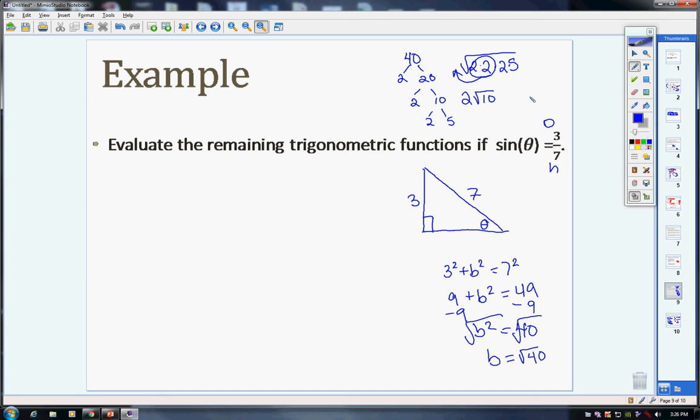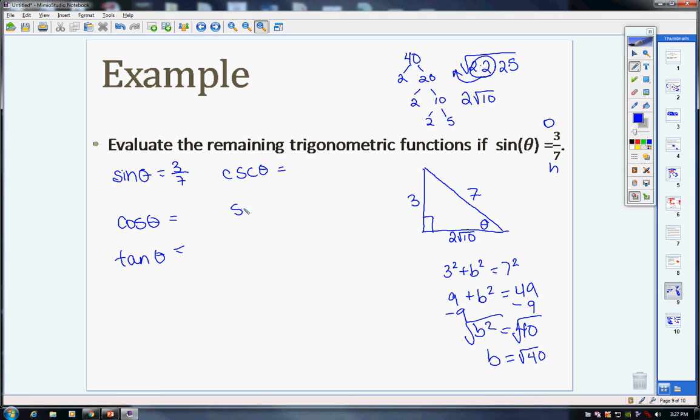Okay, I'm going to write this down here. I'm going to label this side 2 square roots of 10. And then I'm going to come over here. I know that the sine of theta is 3/7. That was given. Now I need to find the cosine of theta, the tangent of theta, the cosecant of theta, the secant of theta, and the cotangent of theta.